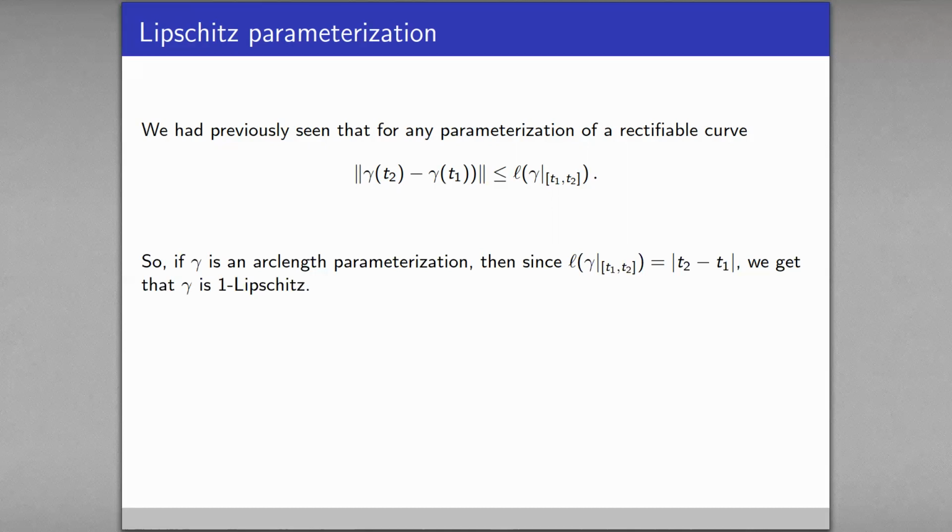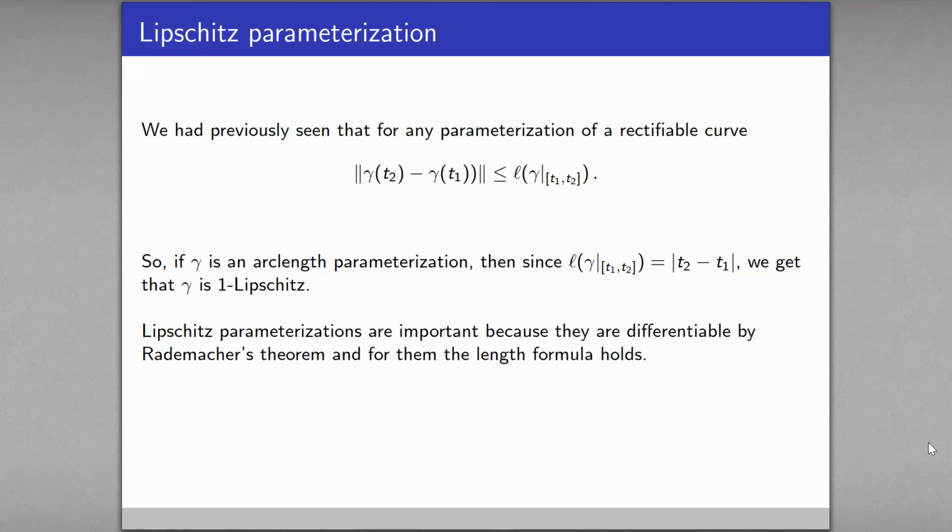So if gamma is already an arc length parameterization, this length is exactly t2 minus t1. And if you plug it in there, you get that gamma is 1-Lipschitz. So why are Lipschitz parameterizations important? Because by Rademacher's theorem, gamma prime exists almost everywhere, so that you can talk about this, so that you cannot talk about this.